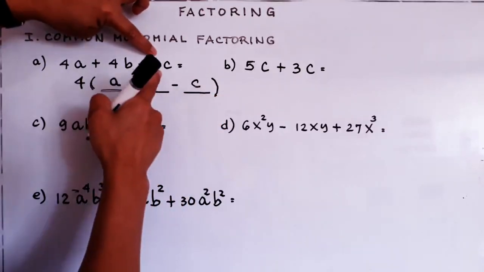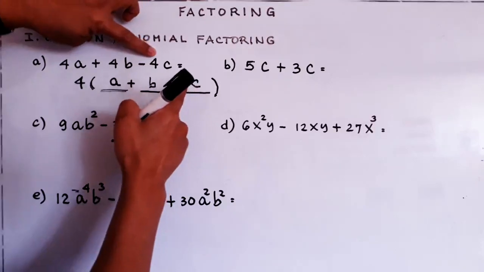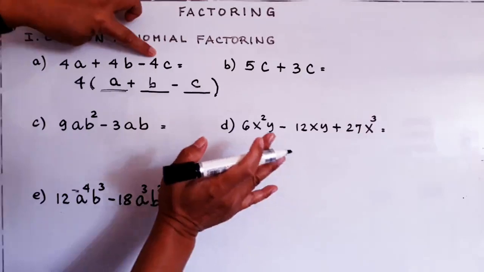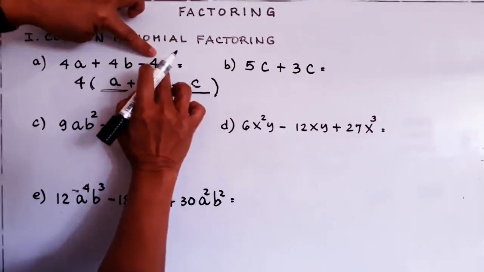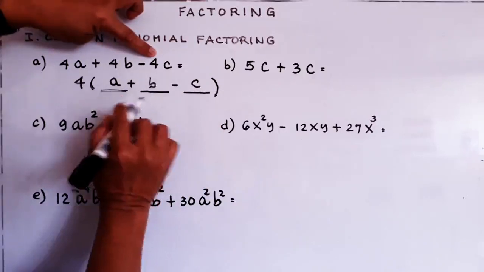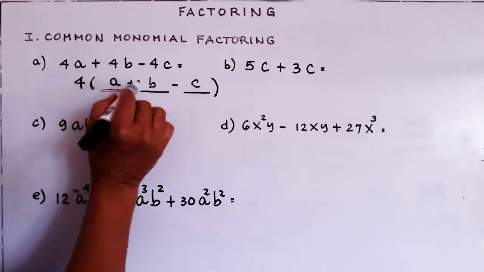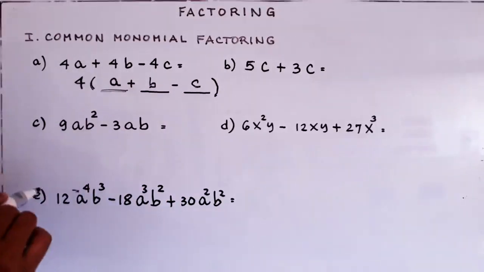Now, if there is no C there, you put the 1. Because if you're not going to put the 1 there, so what's that minus what? So you should put the 1 there if you don't have any letter there. We are not putting any numerical coefficient of A, B, and C here because we know it's 1. Okay, that's the answer there.